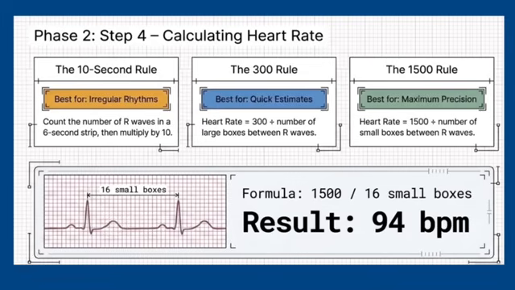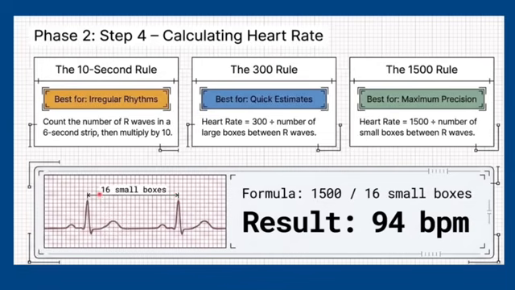In a previous video, we discussed this in detail. We have three methods. We have the 10-second rule, which is good for irregular rhythm. So you count the number of R waves in a 6-second strip and multiply by 10. Or divide 300 over the number of large boxes between RR waves.